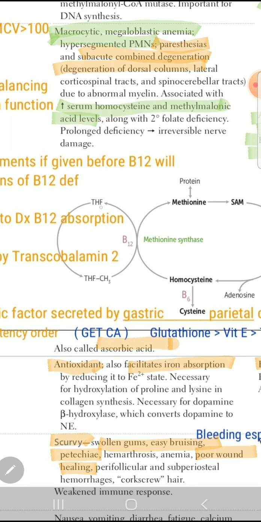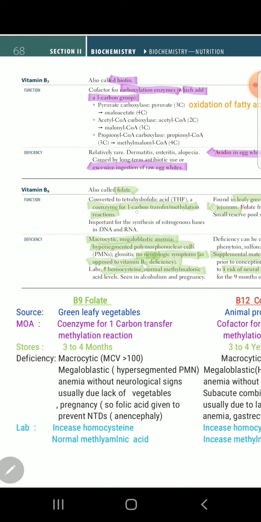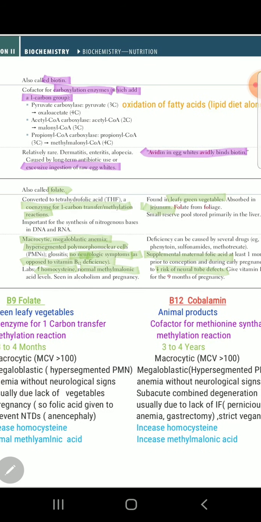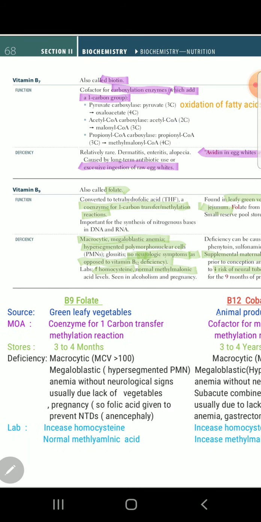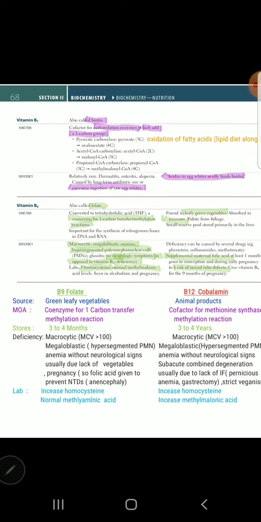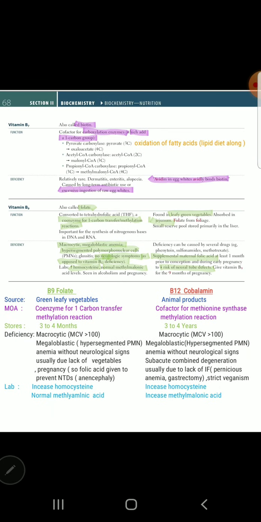B9 is folate. It is present in leafy vegetables. Otherwise, B12 is present in animal products, opposite to it. B9 is a coenzyme for one carbon transfer or methylation reaction. Both are coenzymes, but B12 is specifically a cofactor, if you use the exact word, for methionine synthase methylation reaction, and B9 is a coenzyme for one carbon transfer methylation reaction.